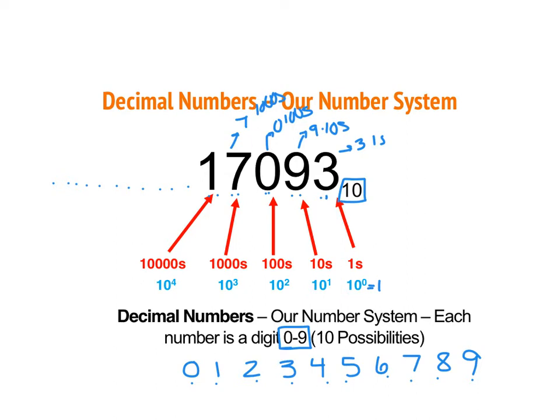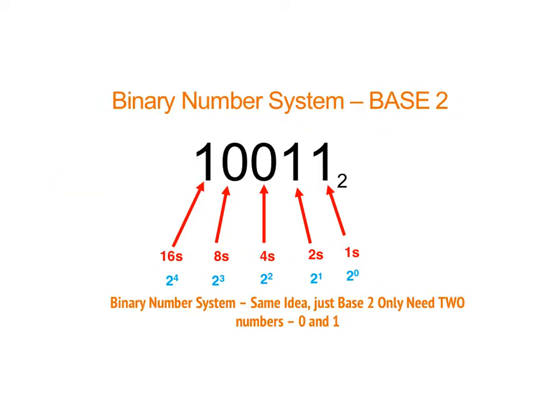So you can see that it is base 10 because each little spot represents how many powers of 10 we have in that particular spot. And then there are 10 possibilities for the digits here. So keep this in mind as we look at binary, because binary is going to be very similar. It's just binary is going to be base 2 instead of base 10.